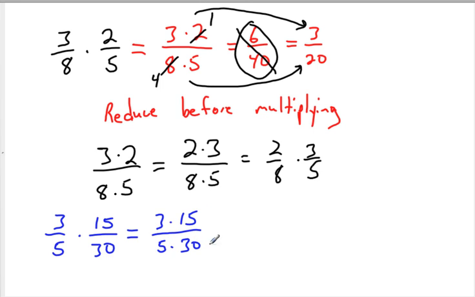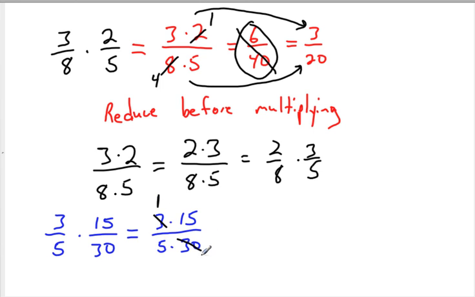Now remember, because of the property, what do we call it? What property of multiplication? Commutative property of multiplication. We know that the 3 and the 15 could be switched to 15 and 3 if we wanted. So we can reduce either up and down or diagonally. In this case, we could do either one, but we could do the 3 divided by 3 and the 30, each divided by 3.